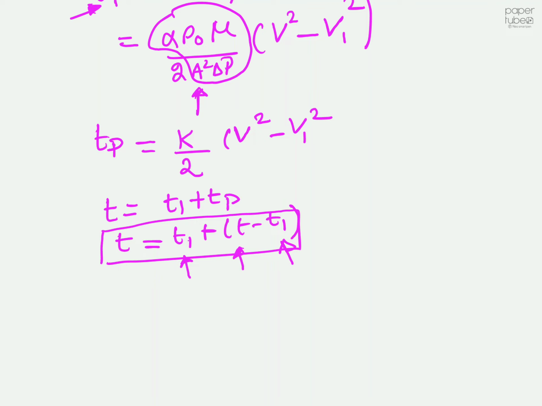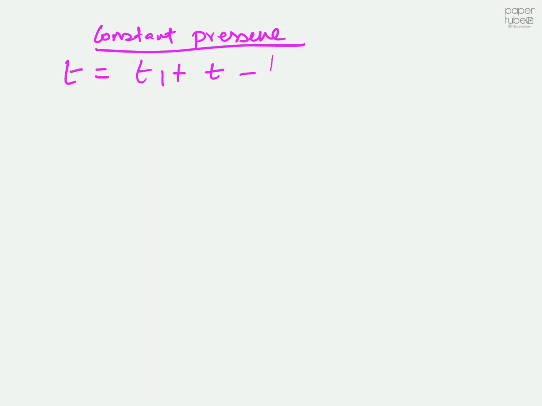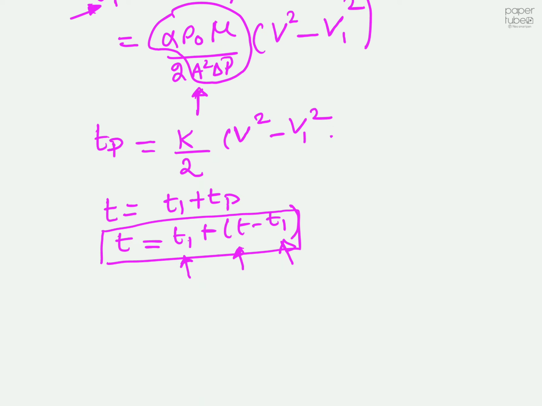At the moment we are dealing with constant pressure, operating the filtration unit at constant pressure. So T is equal to T1 plus Tp.